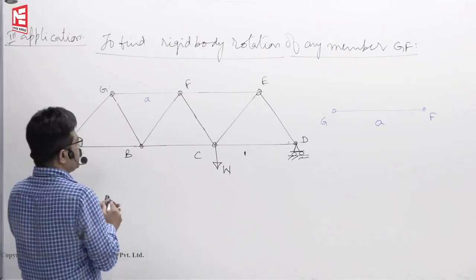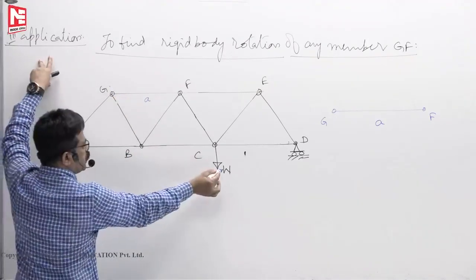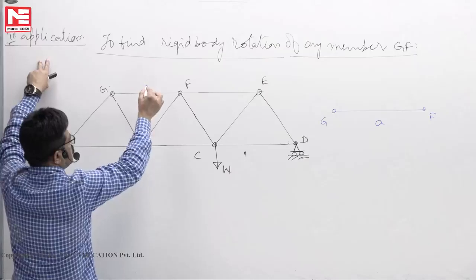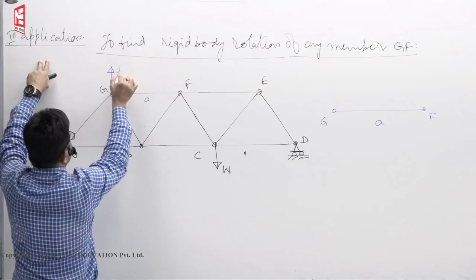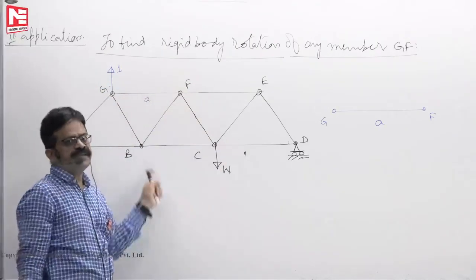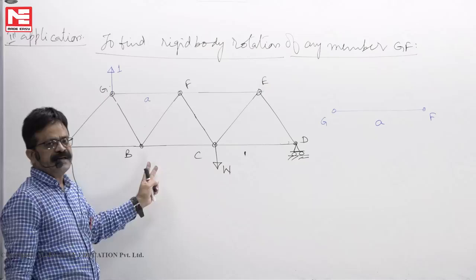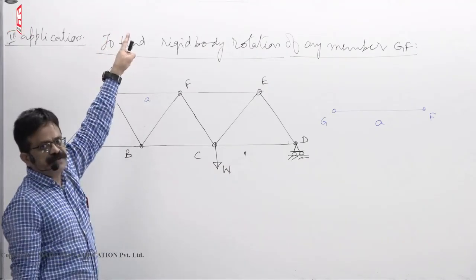For that, first due to W, find the forces in all members, the P values. Then apply unit load 1 here. Due to unit load 1, find the K values. So, the summation of PKL by AE gives the displacement of G in the direction of the unit load.